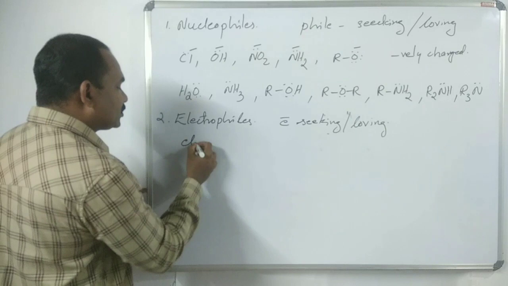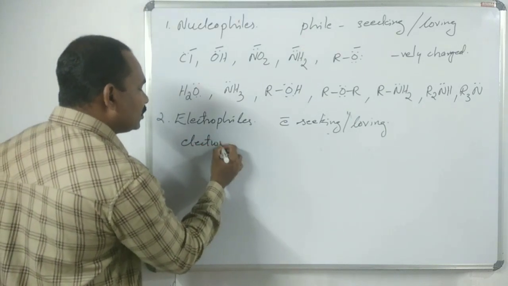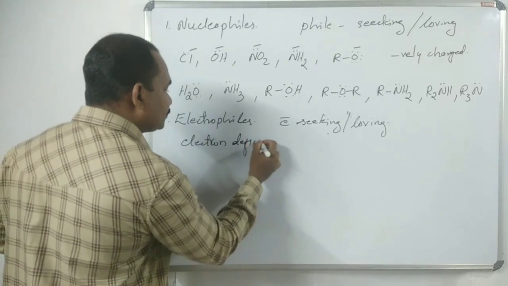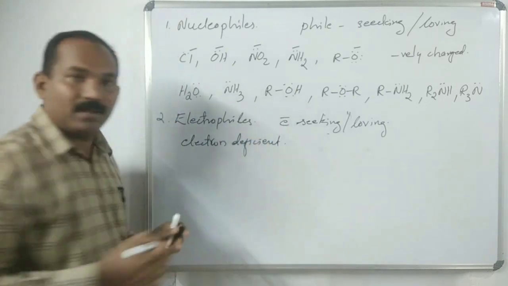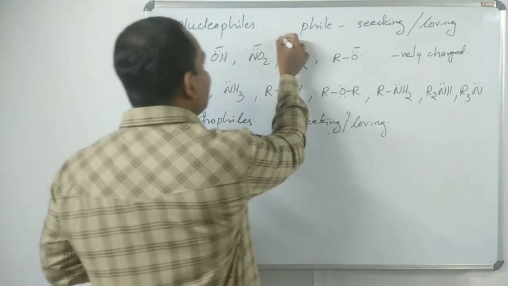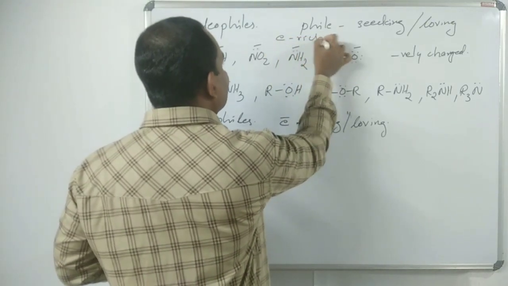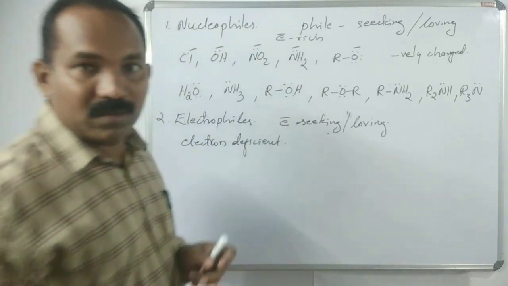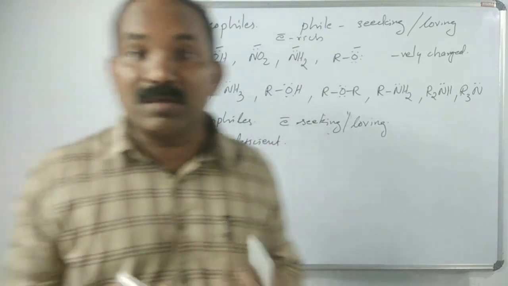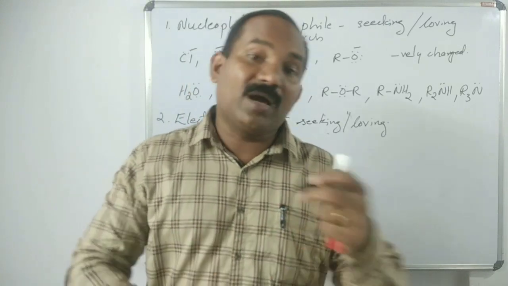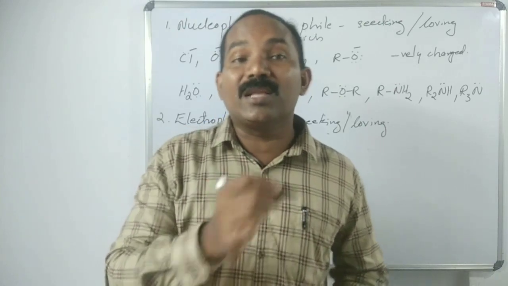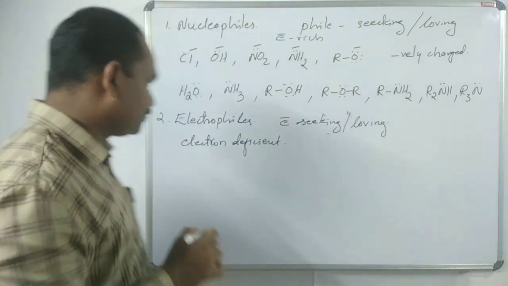Electrophiles are electron deficient. Nucleophiles are electron rich. Remember that. Nucleophiles are electron rich. Electrophiles are electron deficient. That's why they are seeking the electron or negative charge.